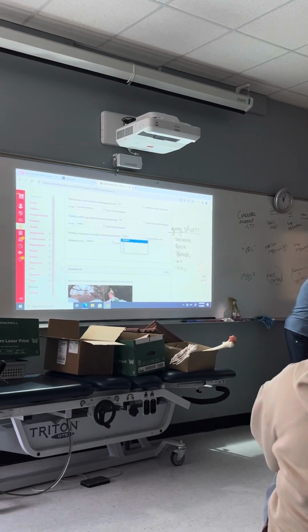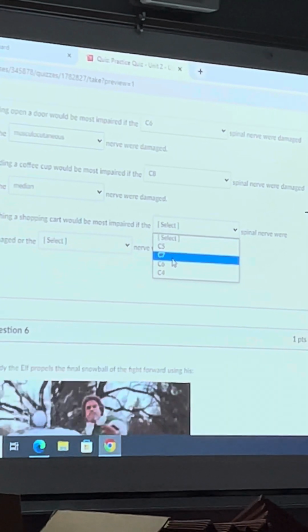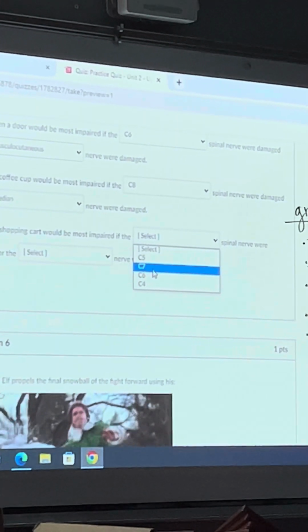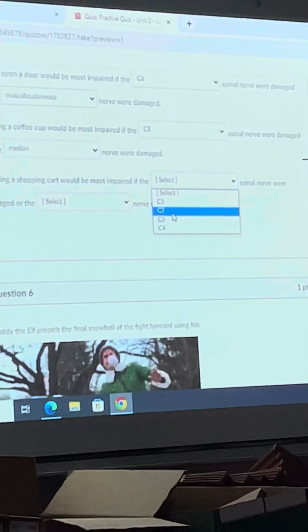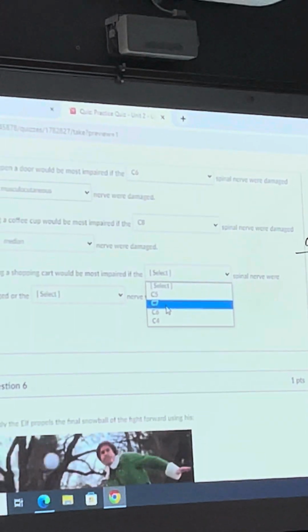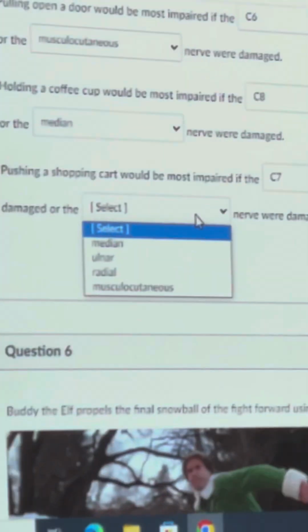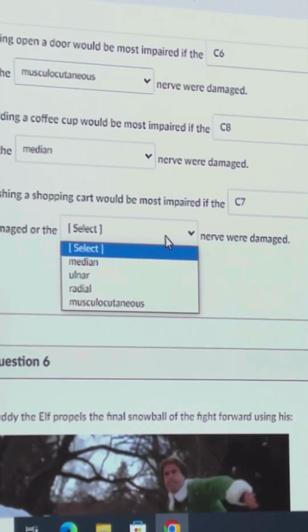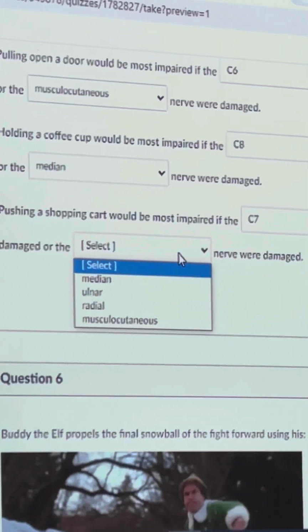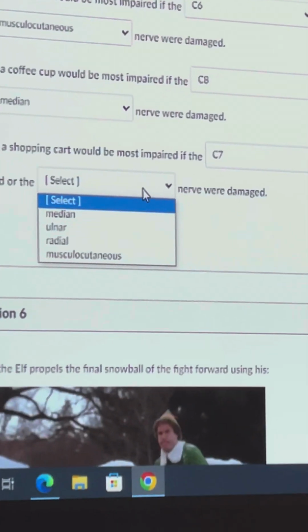C7, which is your elbow extensors. I don't think you're pushing a shopping cart with abduction, which would have been C5. I didn't say pulling, I said pushing, so C6 is not great. C4 is shrugging, so that one doesn't seem relevant. C7, and then what peripheral nerve innervates your elbow extensors? Oh, the radial. Right. Everything that's an extensor is radial nerve. Alright.